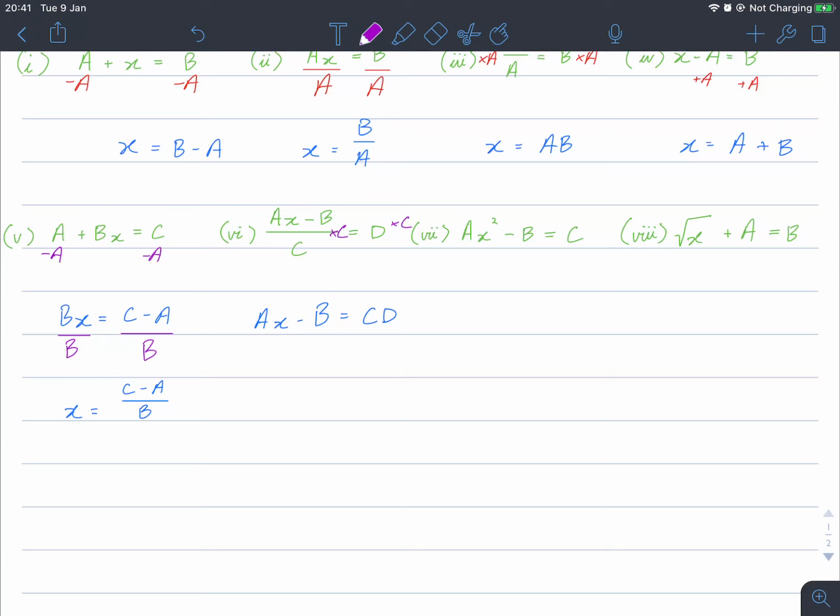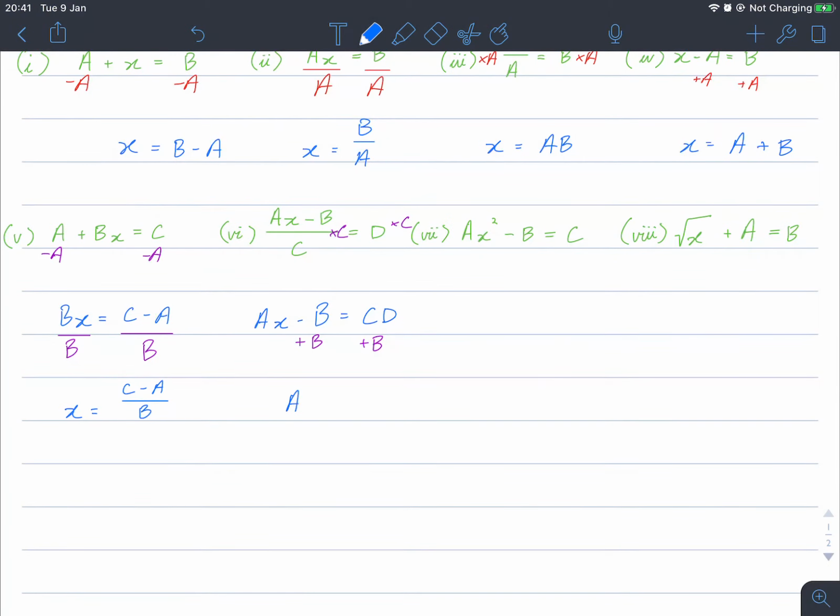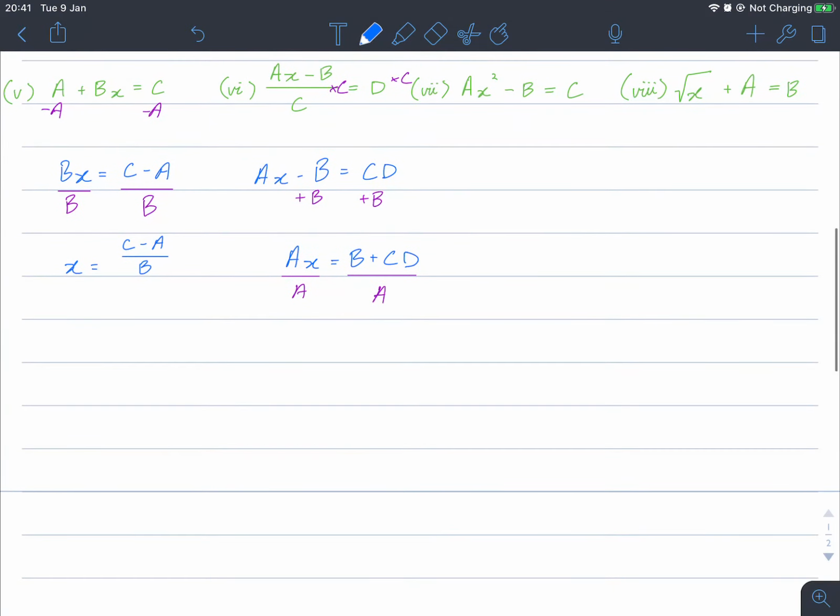We need to get rid of the B first. So minus B, the opposite is plus B. This will give us AX equals CD plus B, or just positive B plus CD. And lastly, we would divide by A. This will give us X equals B plus CD all over A.